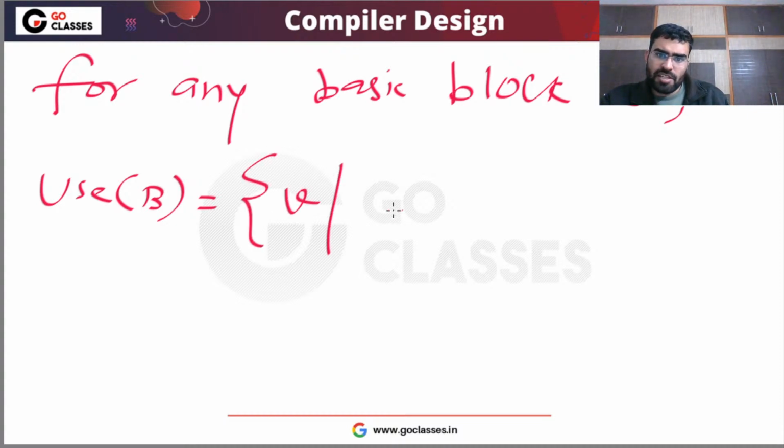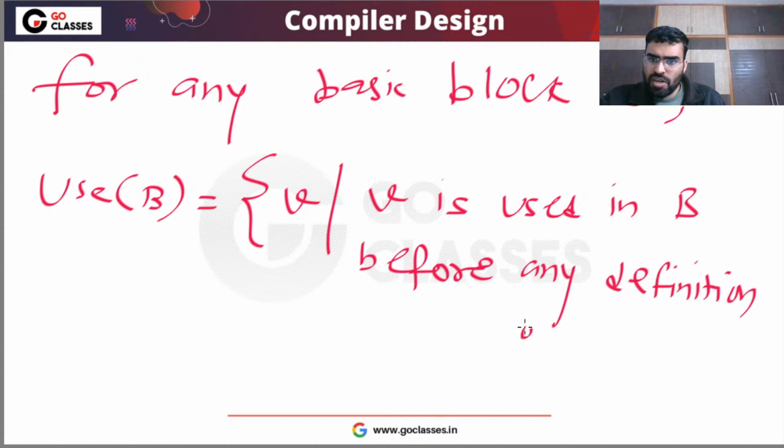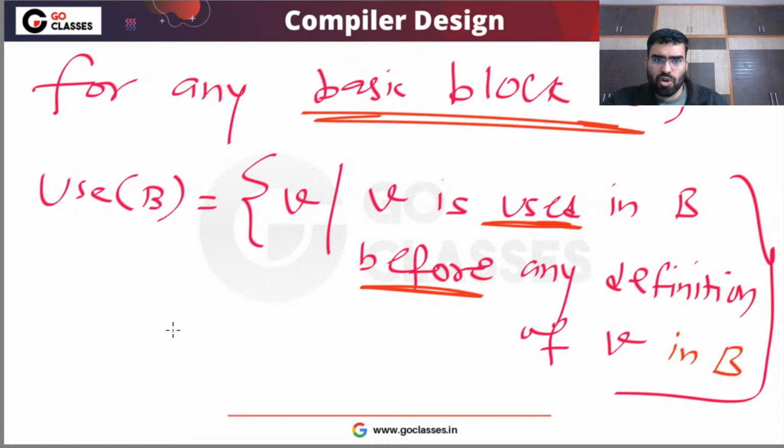Use of B is the set of variables V such that V is used in B before any definition of variable V. Correct? Yes or no? So V is used before any definition of variable V in B. I am talking only about the basic block. From the basic block point of view, what is used?